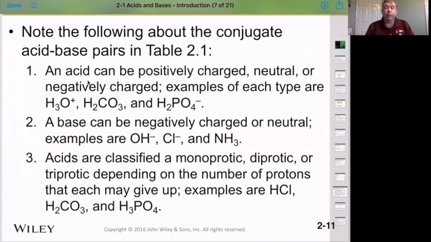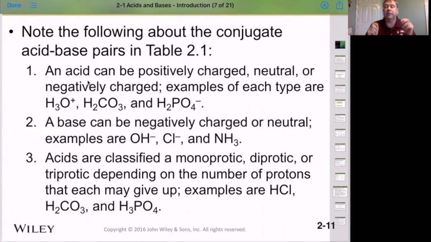And if we have more than one hydrogen that can be transferred, we can actually transfer more. For example, HCl only has one hydrogen to be transferred. Therefore, we call that monoprotic, or one proton that it can transfer. Something like sulfuric acid or carbonic acid has two protons it can transfer. Therefore, diprotic, it can transfer up to two hydrogens. It's going to transfer one first and then one second, but it has up to two that it can transfer.